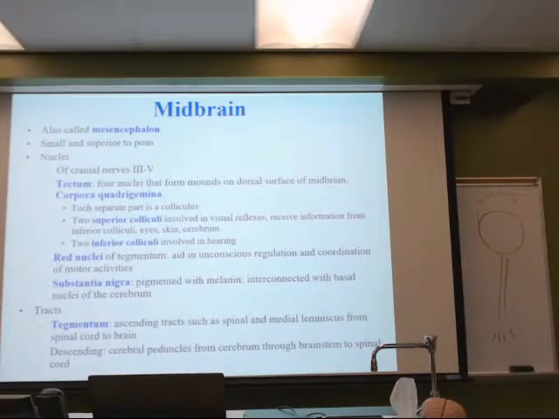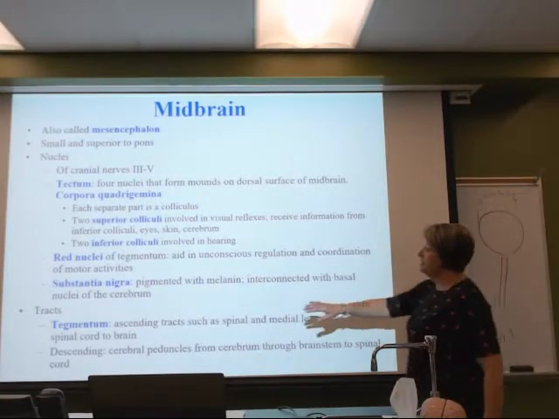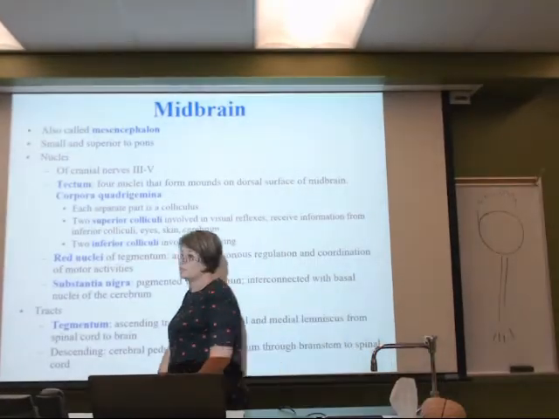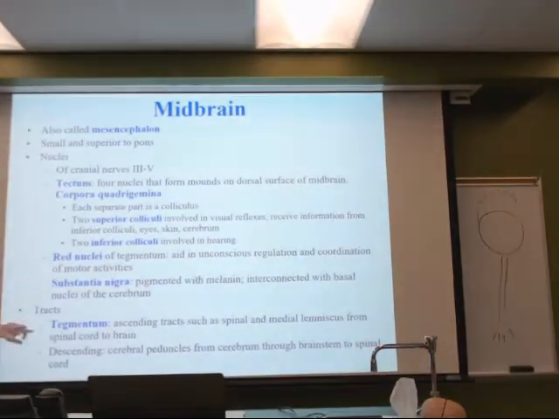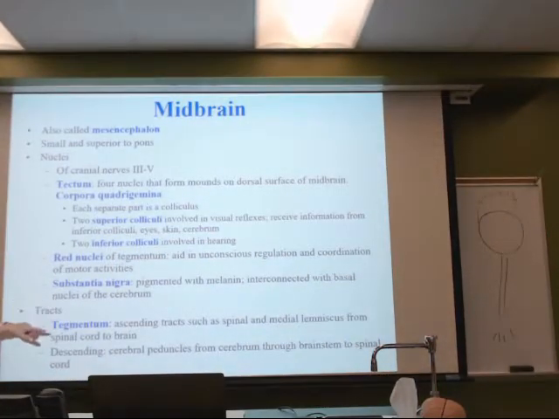So, I now have, now look what it tells me. It now says that in this area called the tegmentum, I now have my ascending tracts go to the brain.